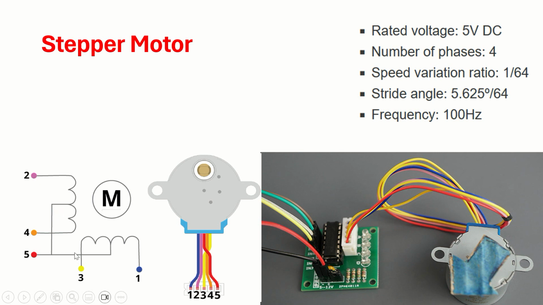Otherwise, the actual phases are 1, 2, 3 and 4. So 4 inputs, one common point. Your red is the common point. Based on the type of motor, you can have the speed, the angle, how many revolutions you want, how many steps per revolution, and what the step angle is. Everything is based on the construction of the motor.